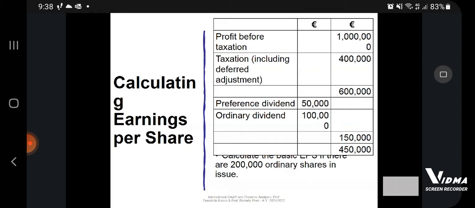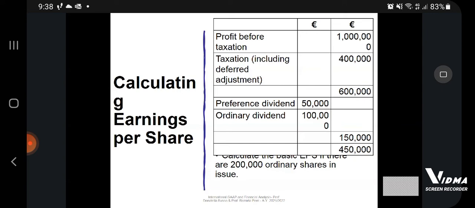Be careful, I'm not saying that this is the figure of the earning that we will use for the purposes of the calculation, but the retained earnings for the period is 450,000. The requirement is actually very simple. Calculate the basic earnings per share if there are 200,000 ordinary shares in issue.